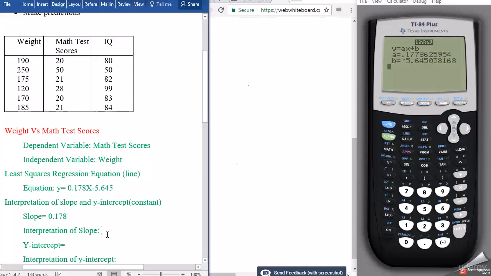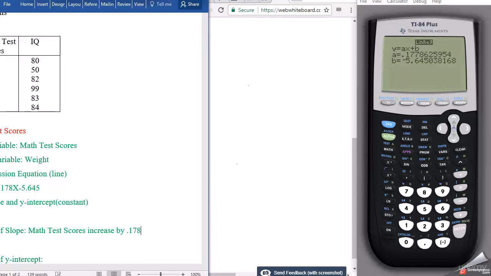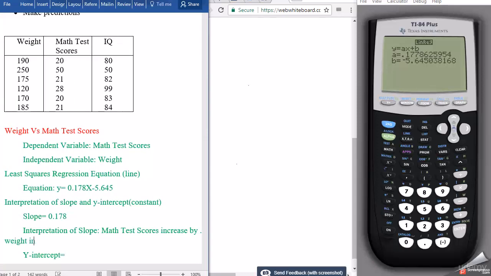interpret this, we're going to say that math test scores increase by 0.178 when weight increases by 1 pound.